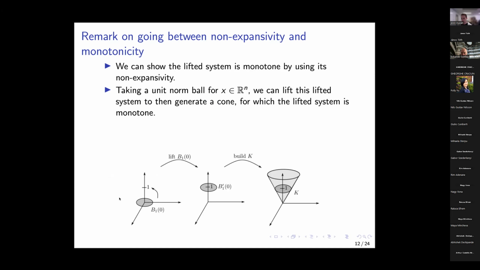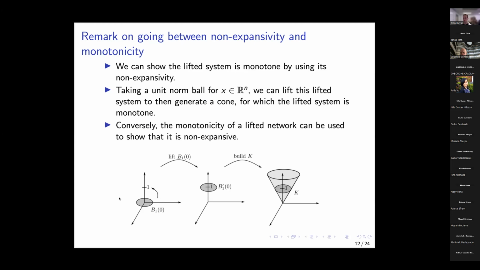Lift this ball up to 1 unit in the dummy dimension, and then find the cone generated by that ball. This system with the extra dimension will be monotone with respect to this cone. And if we're monotone with respect to a cone in this dummy system, equivalently, the original system will be non-expansive for a cross section.